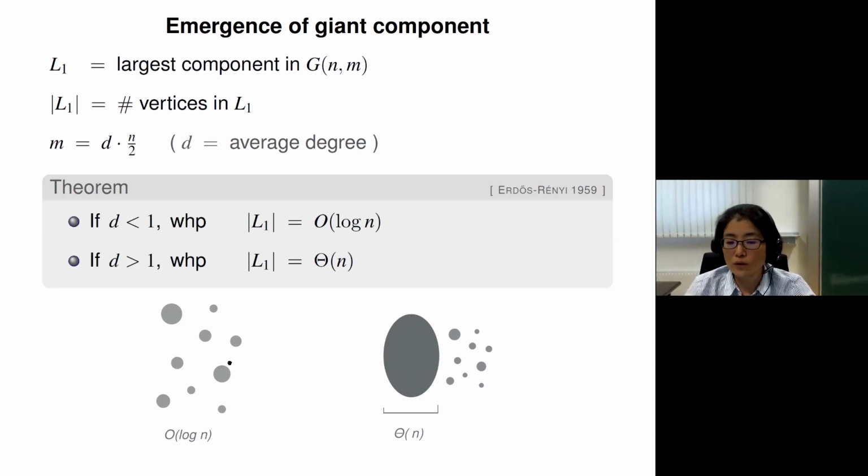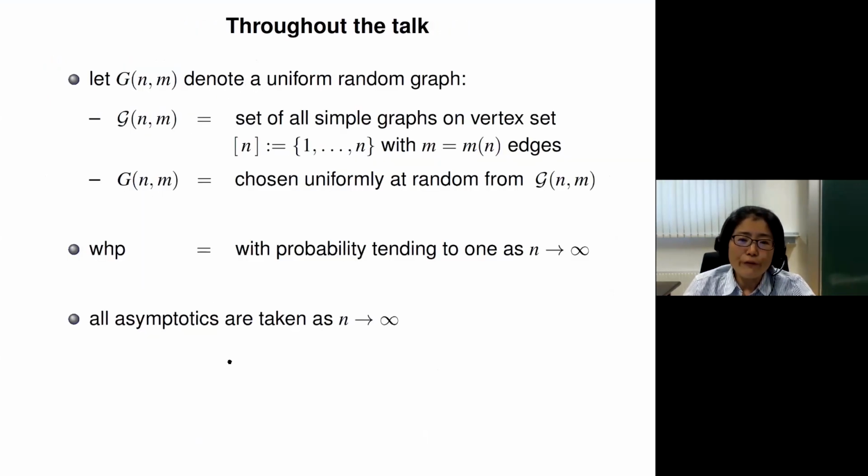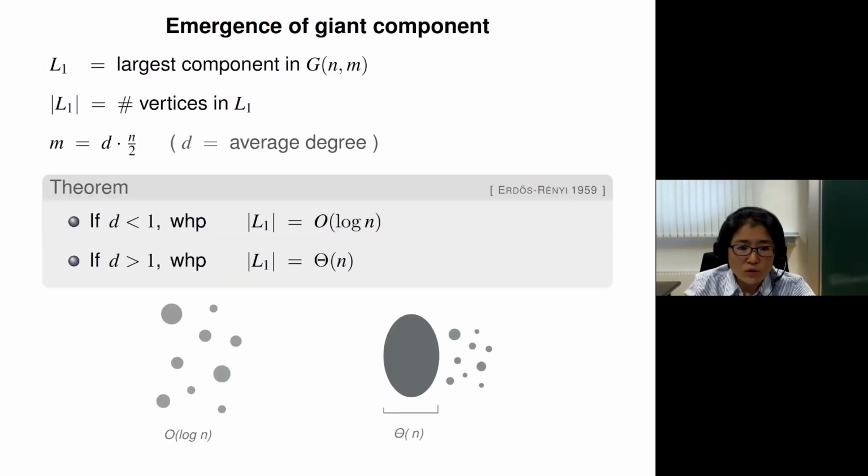This is the well-known symmetry rule. Furthermore, if the average degree is larger than 1, I just said that the order of the largest component is linear, but we can say even more. And it also explains why the average degree d equal to 1 is so crucial here.